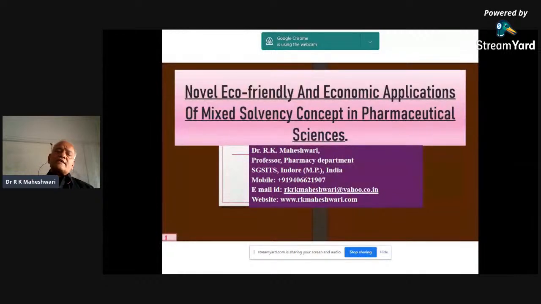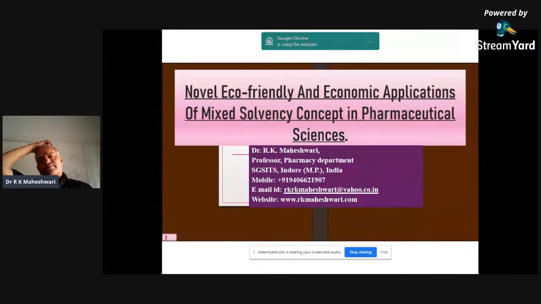We have to express a temperature because variation in temperature varies the solubility values, and the solution must be saturated. So again, I am repeating: the concentration of a solute in a saturated solution at a particular temperature is known as the solubility.